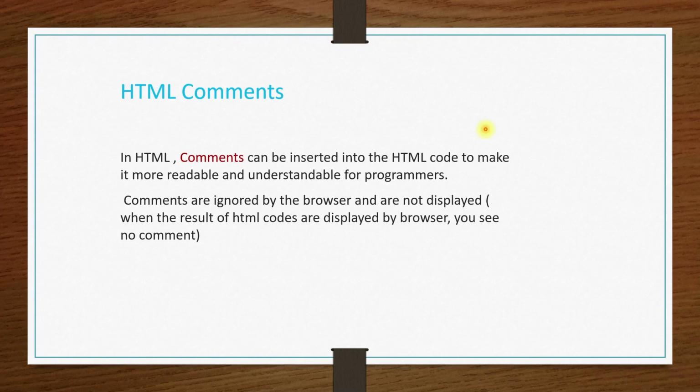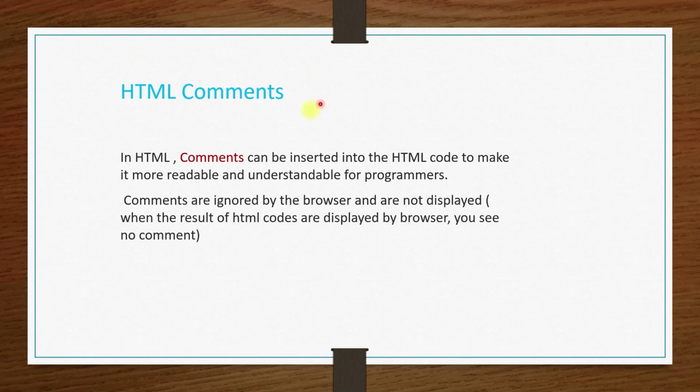So it will be so hard for the second programmer who has gotten the code from the first programmer. So here there is a solution. The solution is that whenever the first programmer codes different parts of that web page, on every part of it, the first programmer has to leave a message.